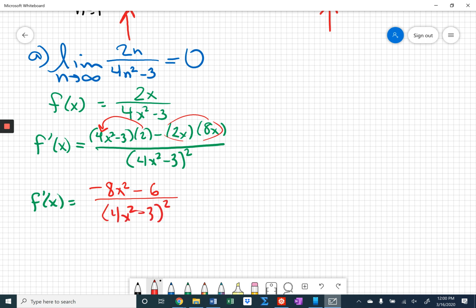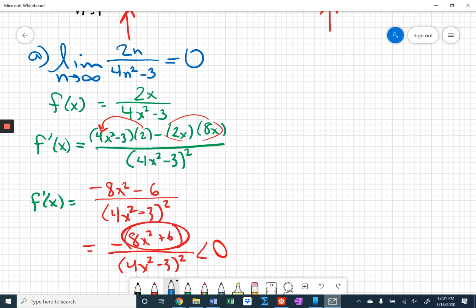Now, again, if you're thinking cleverly about this, and I factor out that negative, this expression here is going to be less than 0, always. The term in the parentheses at the top, that stuff up there, is x squared non-negative, times 8, still non-negative, add 6, has to be positive, and then you're going to take the opposite of it.